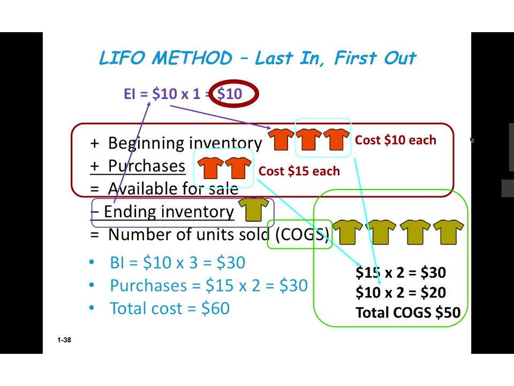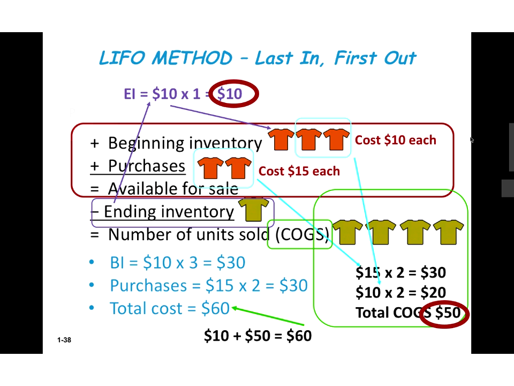So we have $10 in ending inventory, $50 in cost of goods sold. Those combine to be $60, which is our total cost of goods available for sale. Okay, so we have the LIFO method.